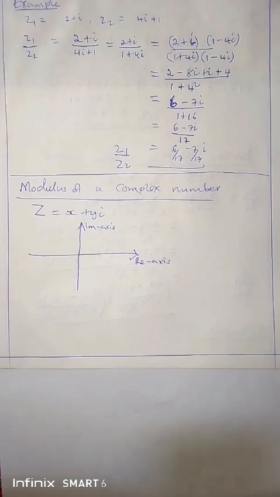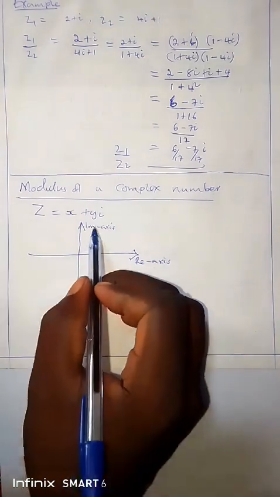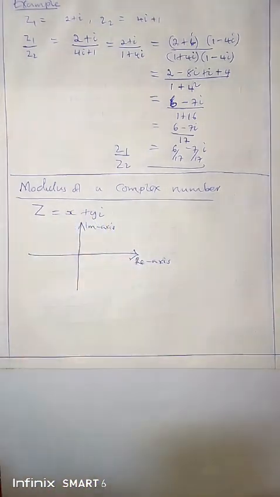Now this is a complex plane, where we have the real axis and the imaginary axis, because a complex number has a real part and an imaginary part. Where there is the x-axis, we have the real axis, and where there is the y-axis, we have the imaginary axis. Don't confuse them. When it is like this, it is called a complex plane.